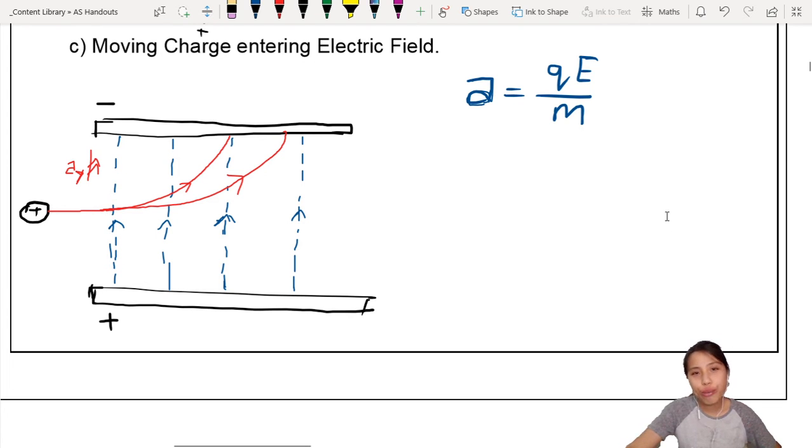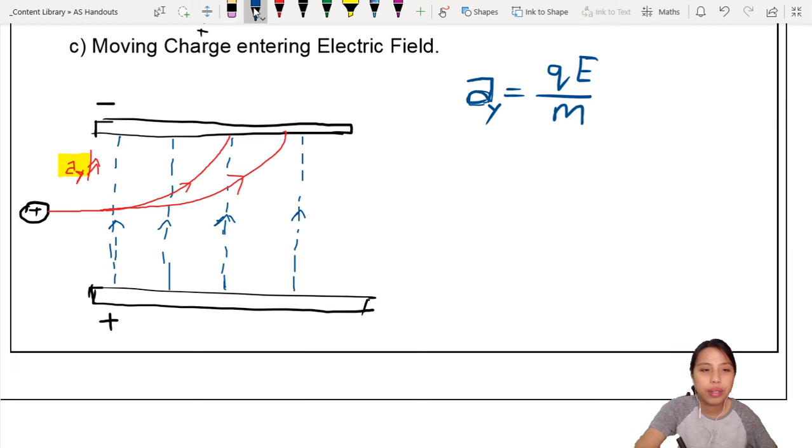But what if we focus on the vertical acceleration? Because we want to see how fast it goes up, accelerates up. How fast is the vertical velocity changing? So this is really vertical acceleration equals QE over M.